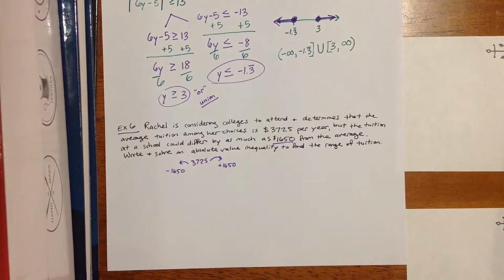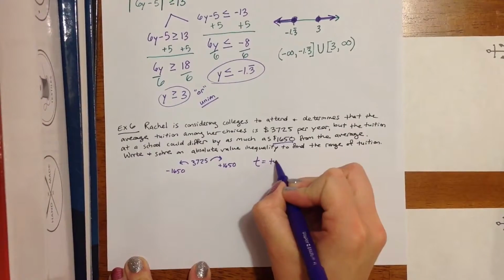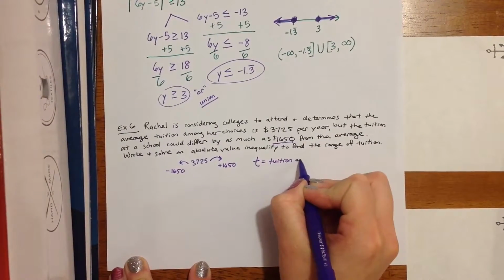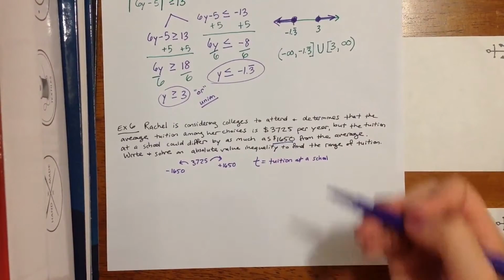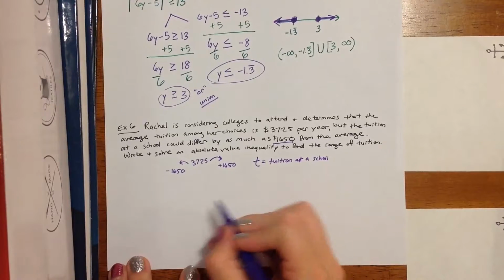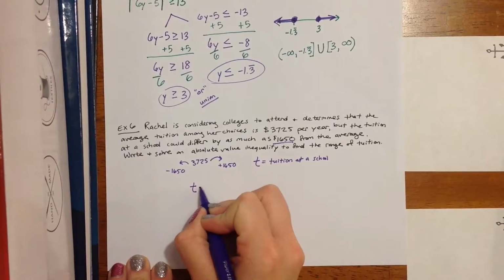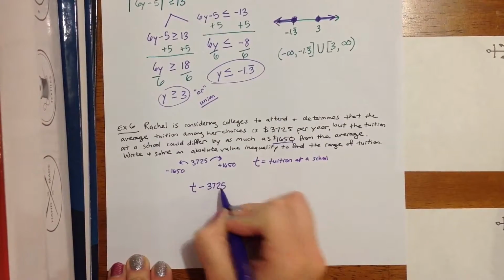So how we are going to write this, we are going to set a variable, let's say T is the tuition at any given school. So depending on where she's looking, she can just plug in the tuition into this equation. We are going to say that whatever the tuition is, minus the 3,725.